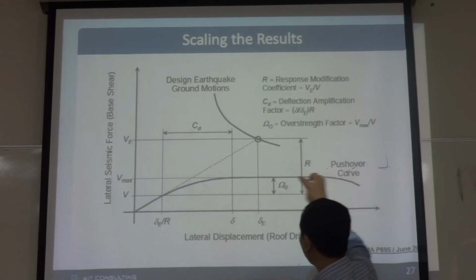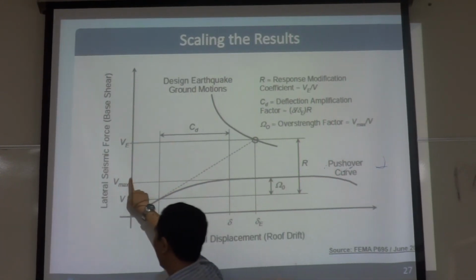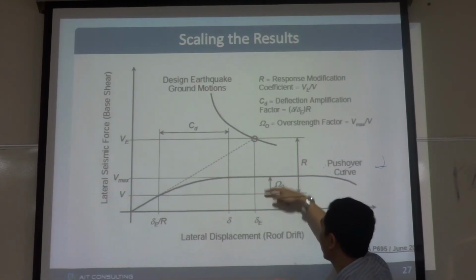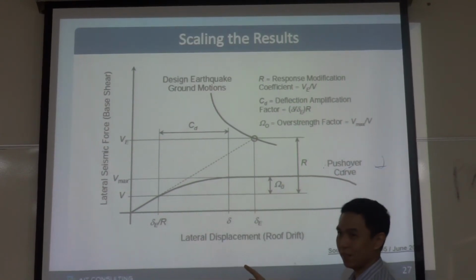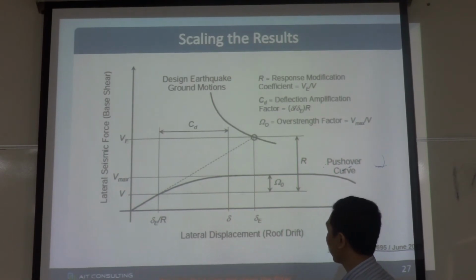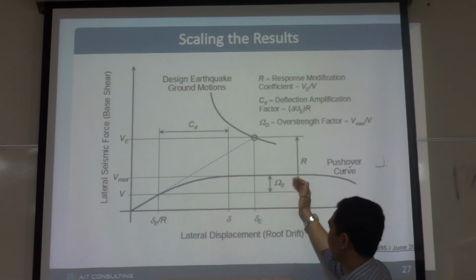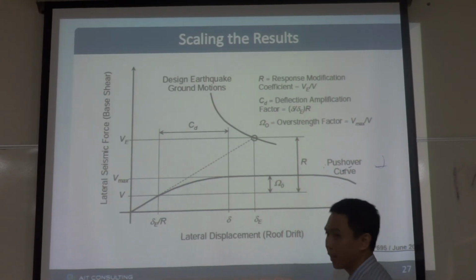This is the maximum force that can occur in the system. So we have to multiply back with omega naught for those members in the design, so the lower part of the structure can resist the maximum force during the earthquake.